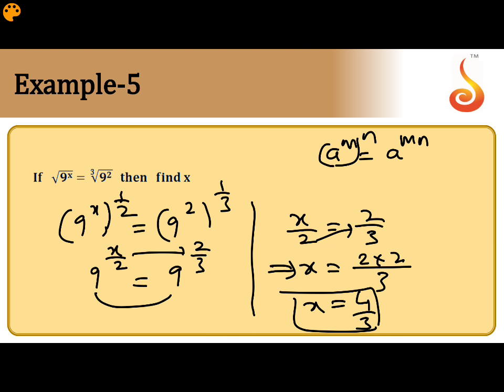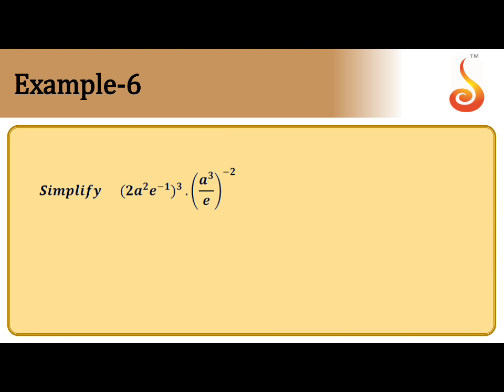The next question. So this is also the same simplification. You have to simplify. So what is the property you can use here? Here how many terms are there? a b c whole power m is a power m into b power m into c power m, because three terms are there. So use that one.